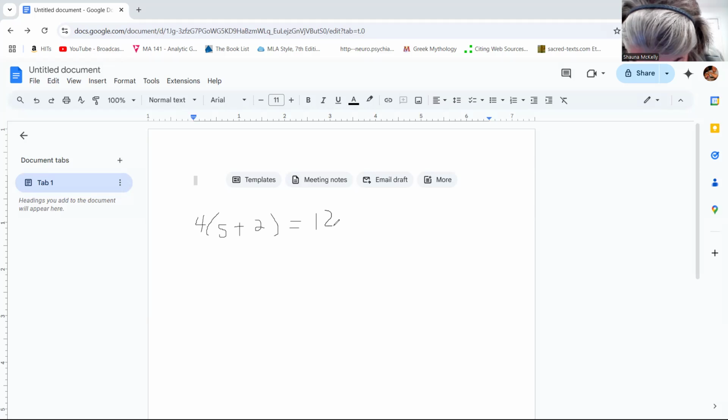Now, we can do this a couple of different ways, and you may have been taught to use the distributive property to solve this, and you certainly can. What I'm going to do here is think of this as 4 times everything in the parentheses. So what I'm going to start with is I see this as multiplication by 4. I'd like to get rid of multiplication by 4. So I'm going to divide this whole expression on the left by the number that I want to get rid of.